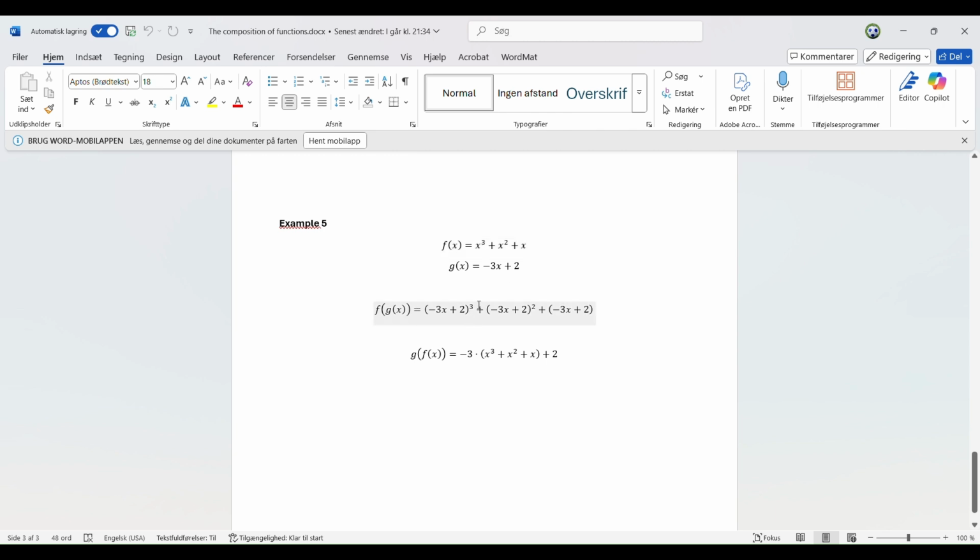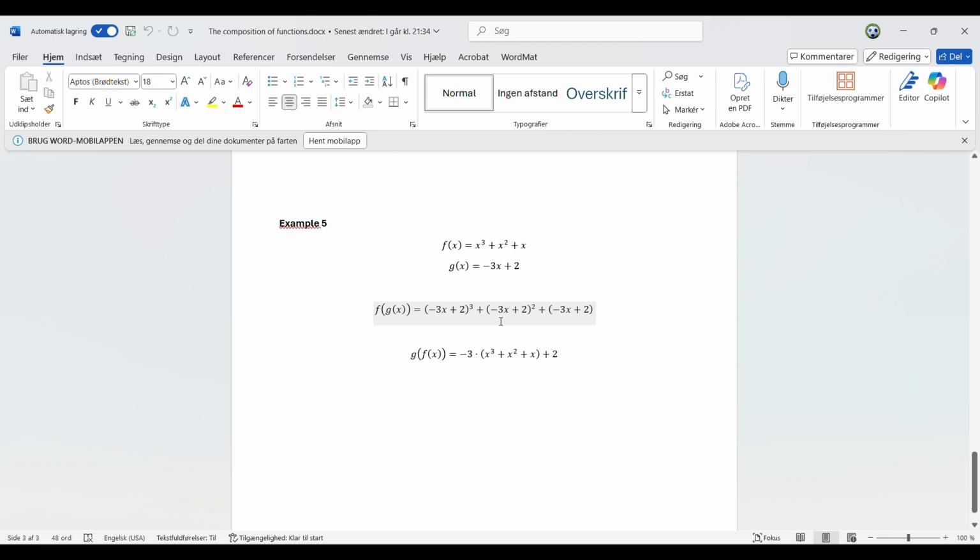So now it says, if we take this composition, minus 3x plus 2 raised to the power of 3, and inside brackets, because we take away 1x and replace it by an expression with more terms, so we have to use brackets. And we do the same here, x squared. We take our expression g of x and put it onto x's place.